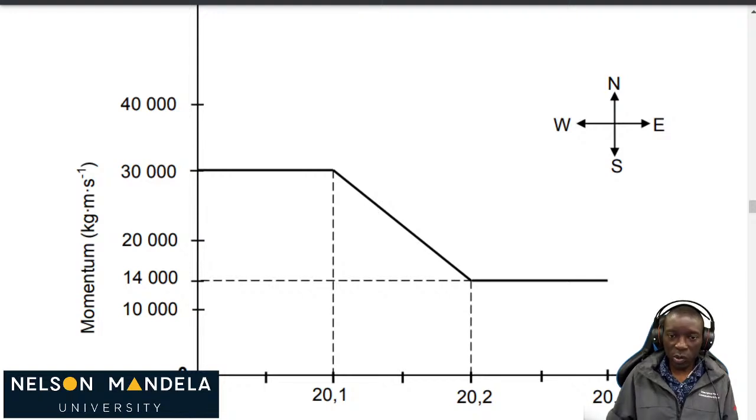The final momentum is at this point, which is the point just before collision, and the change there is 0.